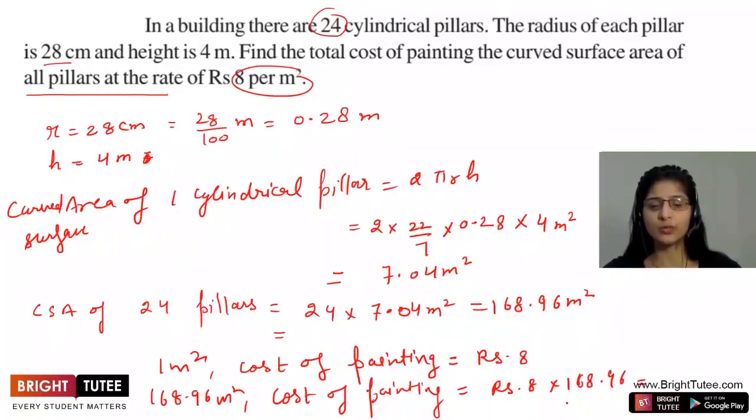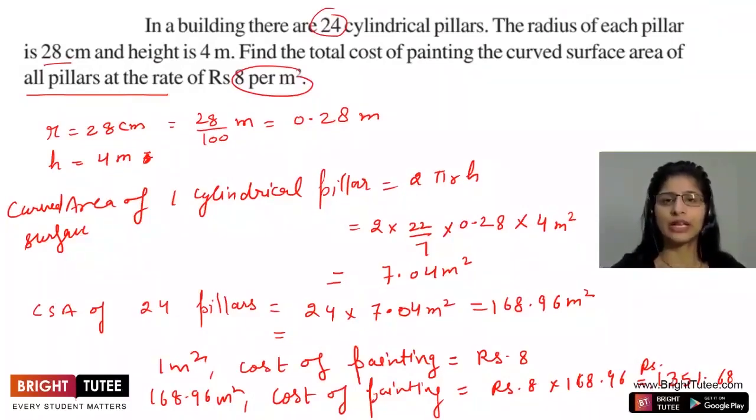Right? We multiply this with rupees 8, because rupees 8 is the cost for 1 square meter. When we multiply it with 8, we get 1351.68. These are the rupees that will be spent on the painting of 24 pillars. Okay, I hope this is clear.